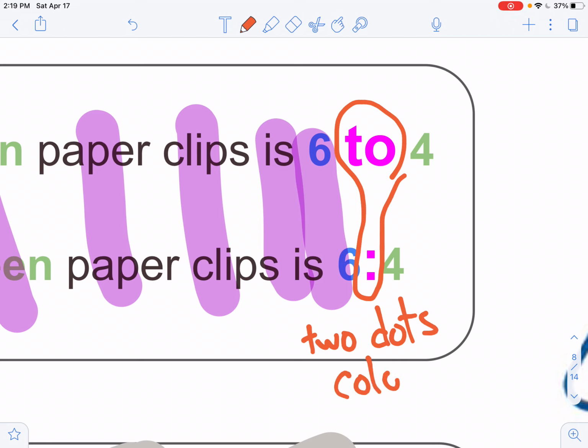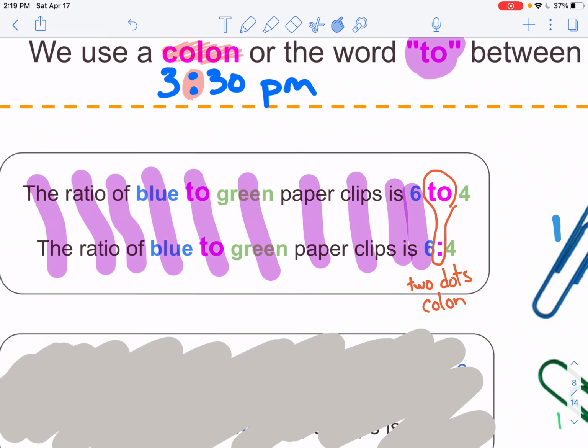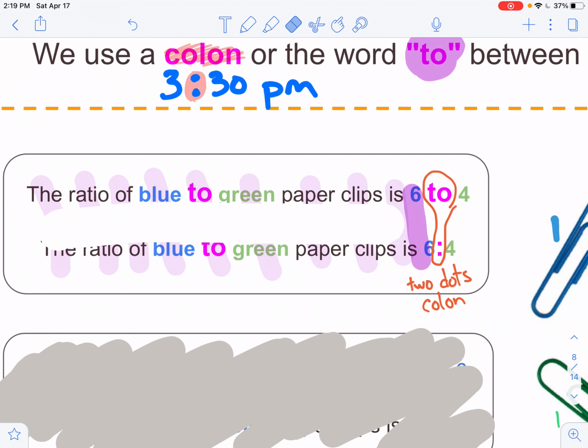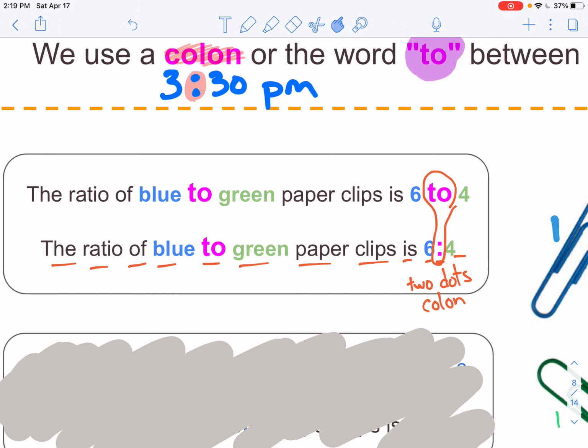That's a colon. Sometimes I remember, instead of saying 6:4, that it's 6 to 4 because there are 1, 2 dots there. So that bottom sentence says the exact same thing as that top sentence, and you would read it the same way. The ratio of blue to green paper clips is 6 to 4. All right.